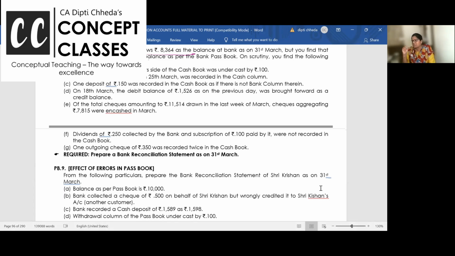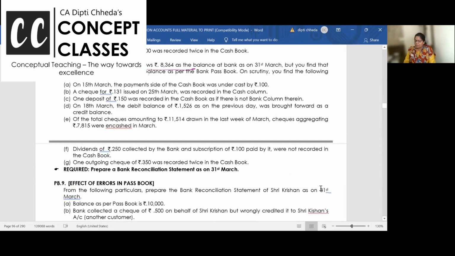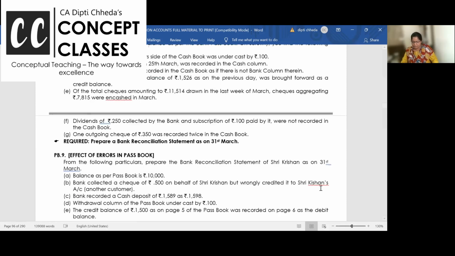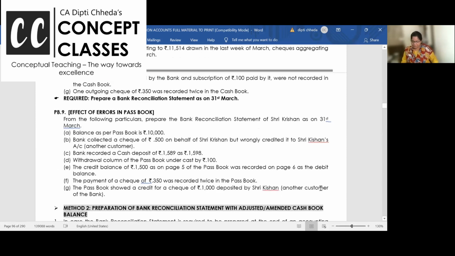In the CA Foundation exam, it's very important to complete the whole paper in 3 hours, in which you have final accounts, journal entries with explanation for issue of shares, depreciation, lots of workings, consignment also, so many working notes. It is all tricky, it will take time. That's why I'm saying, if you have to do the paper in 3 hours, tell me in what duration you did this, and send me the answer. 8th problem. Okay, right.